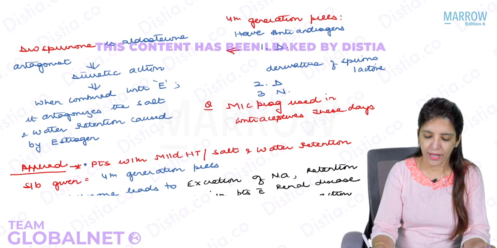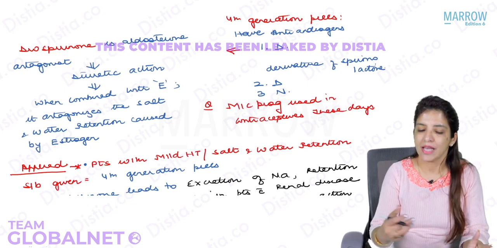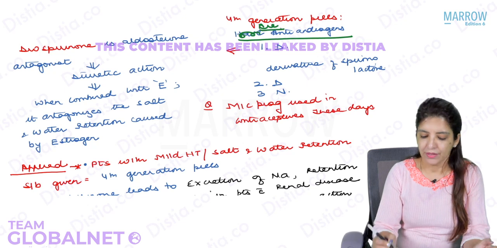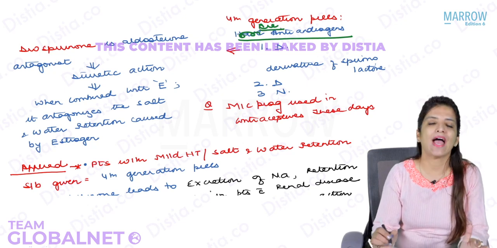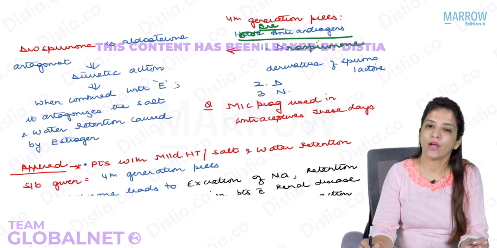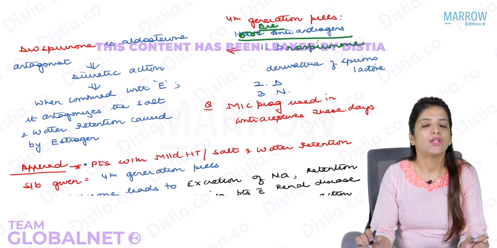Now, fourth generation progesterones and fourth generation pills are anti-androgenic, and they have drospirenone. Drospirenone is a derivative of spironolactone.